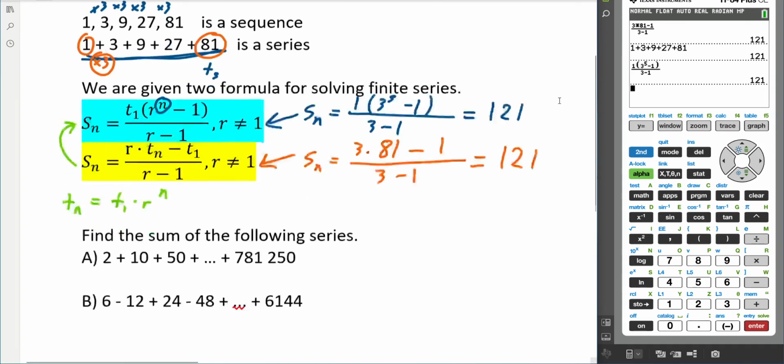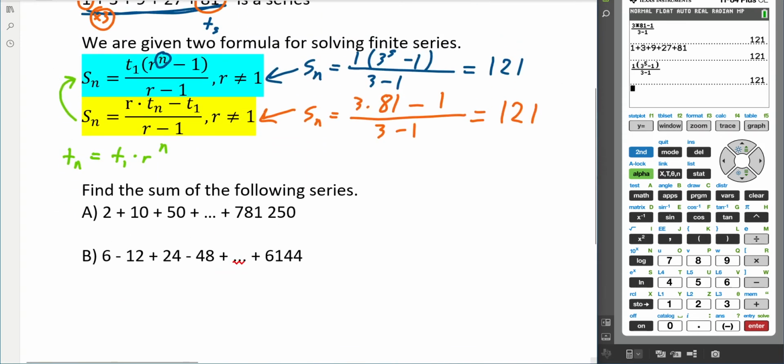Okay, so we have these two different formulas. If you could try right now to solve the following two series. Actually, I made this one kind of differently than what I wanted. Let's do this slightly differently.